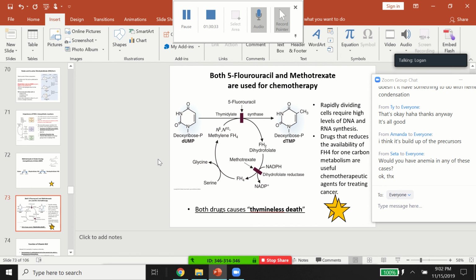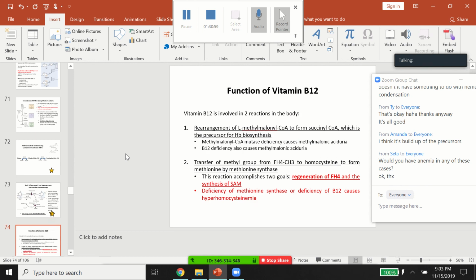So they mess with two different enzymes. 5-fluorouracil means you can't form dTMP from dUMP, and methotrexate means you can't form FH4 to recycle to form dTMP. Since you don't form dTMP anymore, that's thymineless death. That is a very key phrase that she likes to use, so keep that in mind.